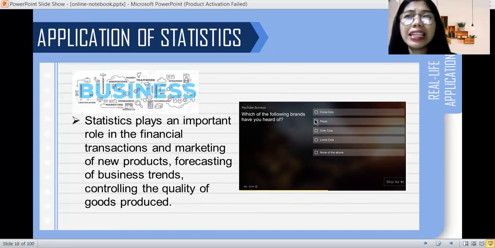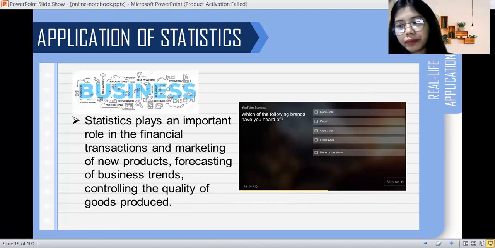So, dahil dito, malalaman kung ano nga ba yung mga products na trendy, kung ano nga ba yung mga gustong-gustong bilhin ng mga tao, ganito, ganyan, para ma-improve nila ang kanilang mga products. So, ayun po.